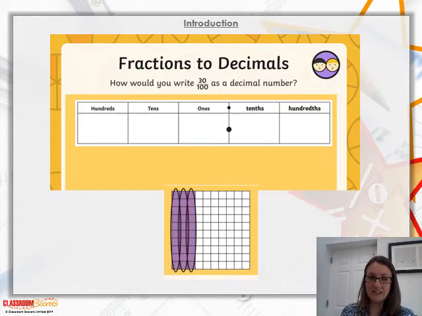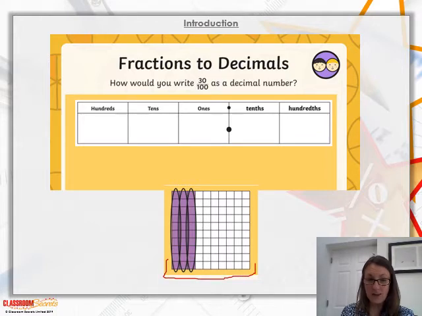And we've looked at this together in the previous slide, and here is just a graphic as well to help you. So here is a 100 square, and shaded in purple I've got 30 hundredths, and if you see, I can just group 1 group, 2 groups, 3 groups of a total of 10 groups.